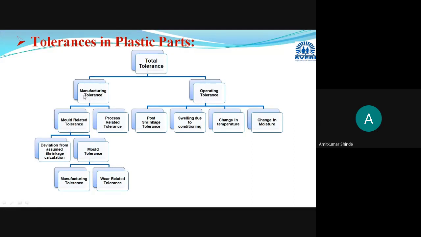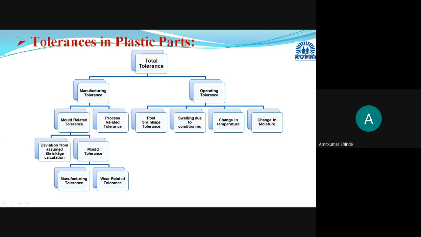And to provide the manufacturing tolerance, you have to consider all mold related tolerances and process related tolerances. In process related tolerances, you have to consider the change or variation in the dimensions due to the process parameters. And in mold related tolerances, variation or deviations which will be there due to factors related to the mold.